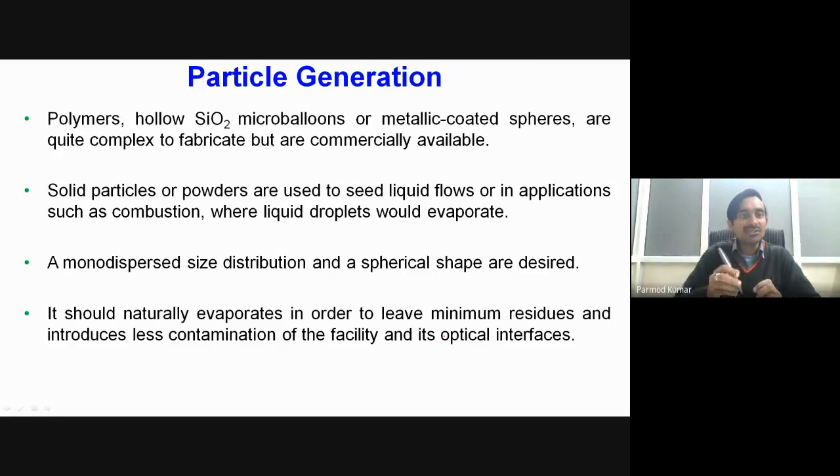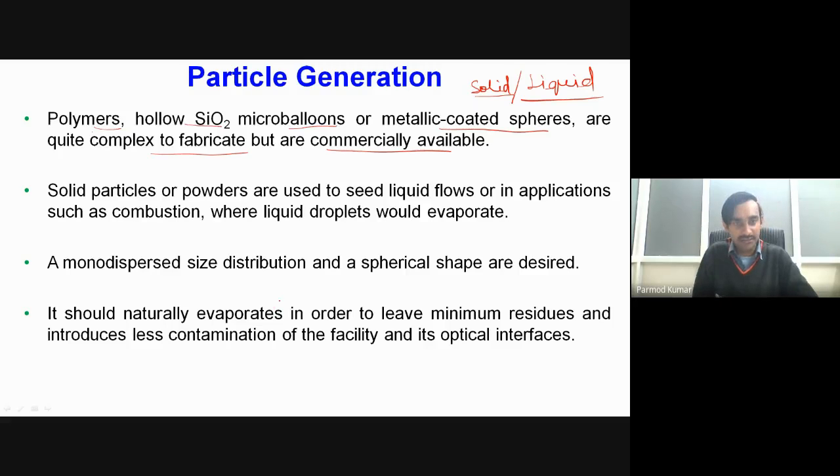Generally, for particles, we have two types of generation system. Either we take solid particles as tracer, or we can have liquid particles as tracers. In case of solid particles, we may use polymers, hollow silicon oxide based microballoons, or metallic coated spheres, which are generally quite complex to fabricate, but all these particles are commercially available.